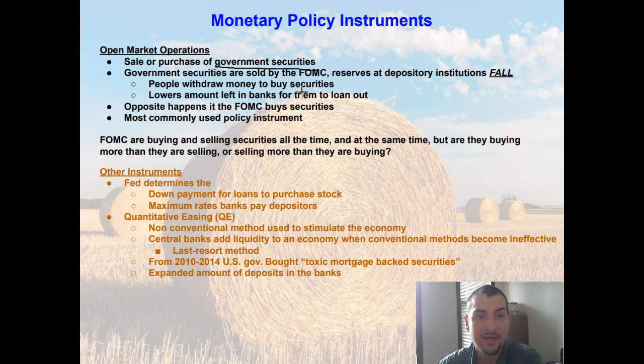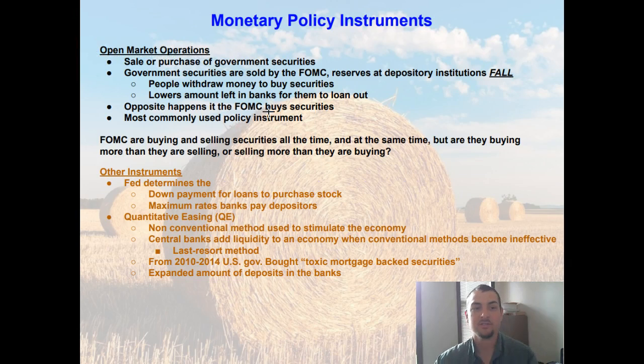In a few years, you sell them back, and hopefully you made some money. That's a government security. So the purchase or sale of these government securities, these government bonds, is the most common tool that the Fed uses to control the money supply. That's open market operations.